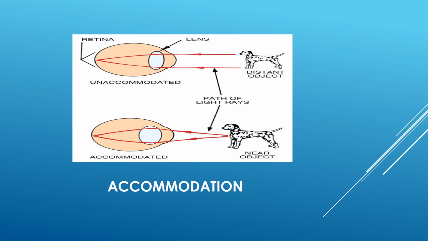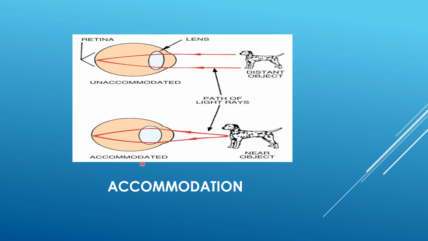We can illustrate this process in this diagram. The superior image shows us how the crystalline lens, when focused on a distant object, allows the light rays to reach the retina and focus clearly, and this is the structure of the lens.